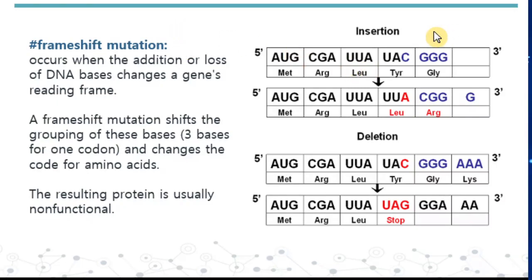For example, there is an insertion here. Instead of UAC, it becomes UA, and now the amino acid translated is also different. Another example for deletion: in this location, UAC, now C is deleted, so G is shifted backwards. So the codon now is UAG, which is a stop codon.